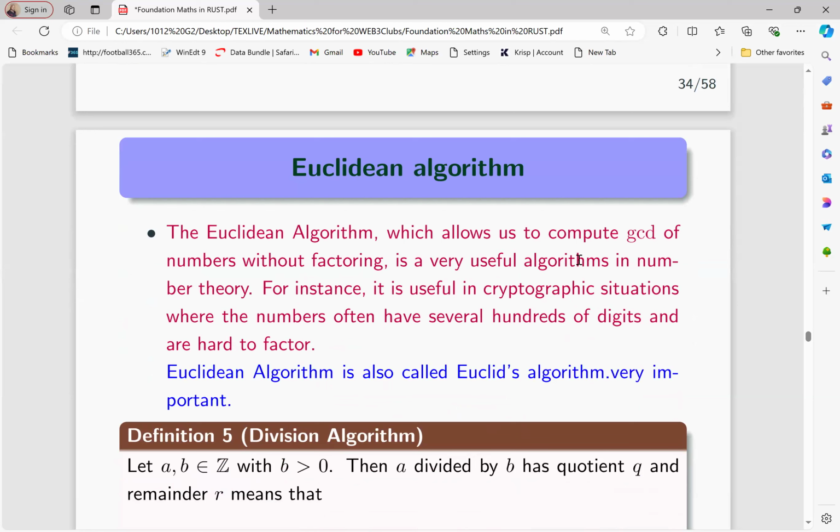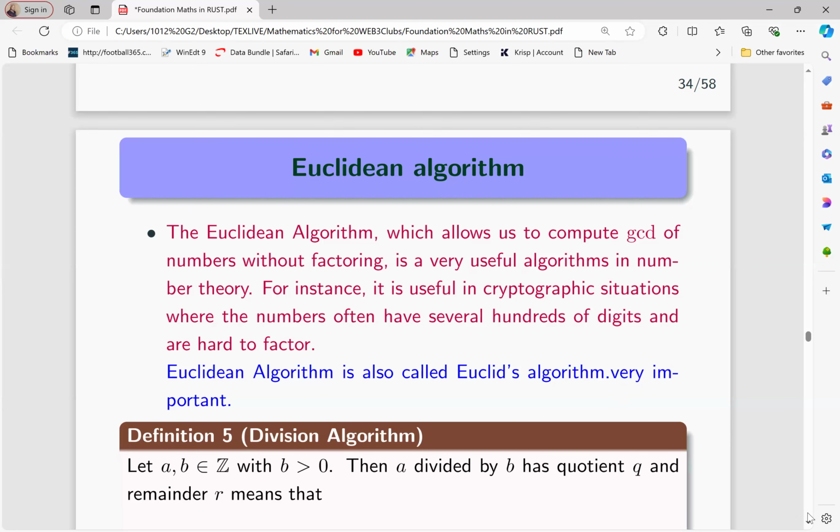Now, the Euclidean algorithm, it's not an algorithm as such, but we use it to compute the GCD of numbers by factoring the number. So of course we are using long division and doing it successive times.